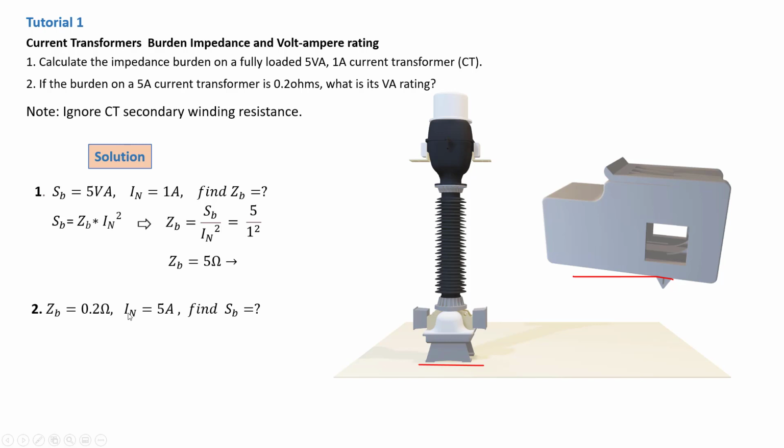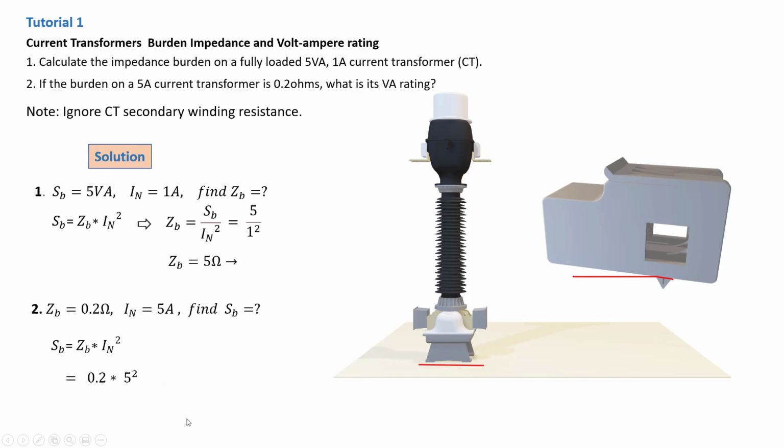Notice a difference: this one has a 5 ohm and this one has a 0.2 ohm burden impedance. On the other hand, this one has a 5 amp nominal current and the other has a 1 amp nominal current. So we can just reverse the formula. SB is equal to ZB times IN squared. From here, we just replace, because we have ZB and we have IN.